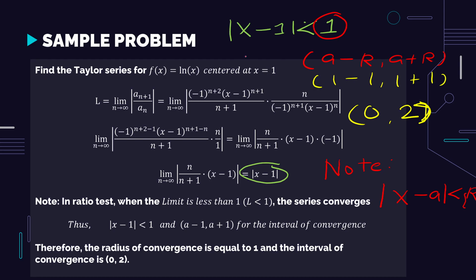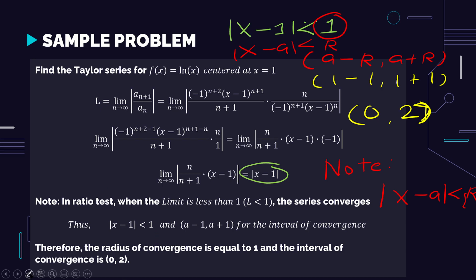We have the absolute value of x minus a less than r, so it gives you directly the value of r, which is 1. No need to transpose or solve it algebraically, because it's already given.